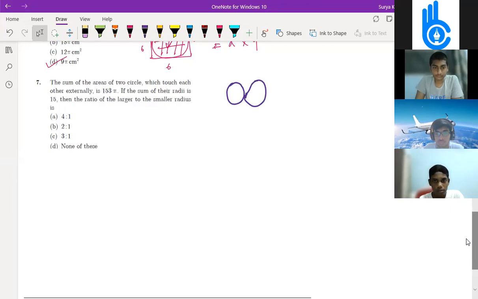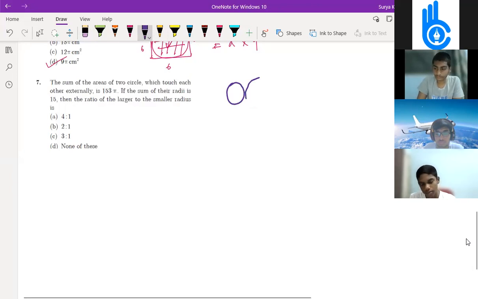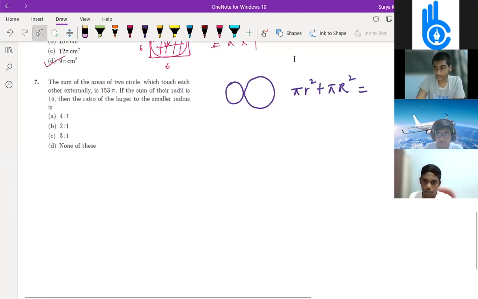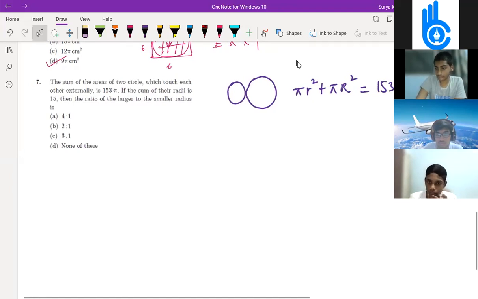Okay, so what kind of circles are these? They touch externally. So area of 2: pi r square plus pi capital R square is equal to 153 pi, correct? Is it clear, Rasool?